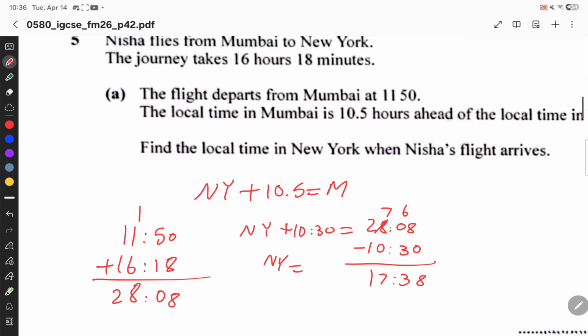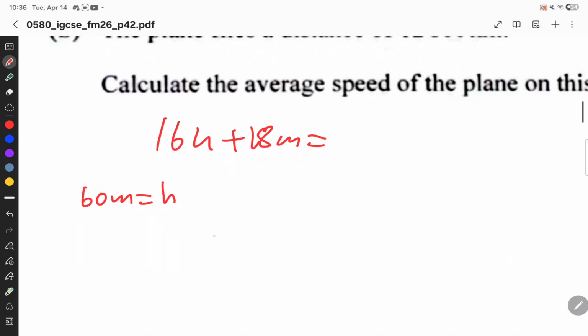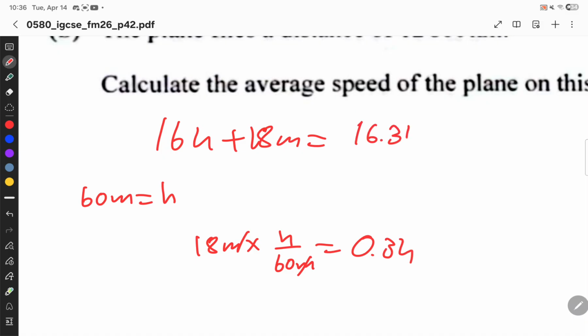The journey takes 16 hours and 18 minutes. 60 minutes is equal to an hour, so 18 minutes times hour over 60 is equal to 18 times 1 over 60, which is 0.3 hours. Okay, this is 16.3 hours.